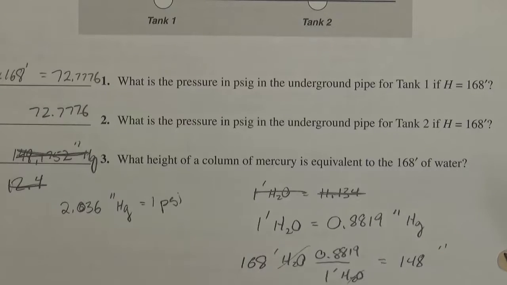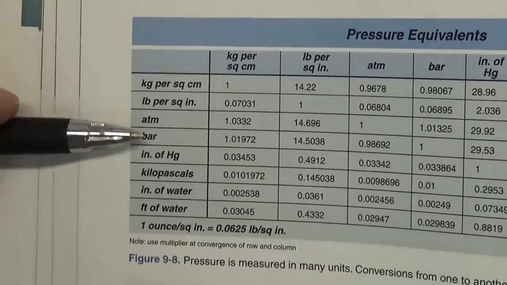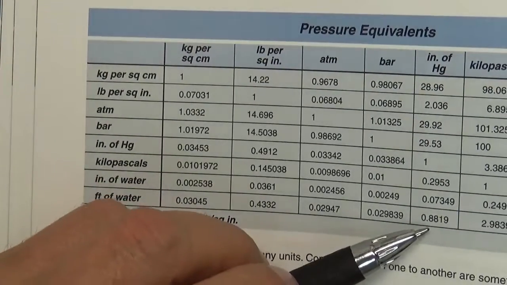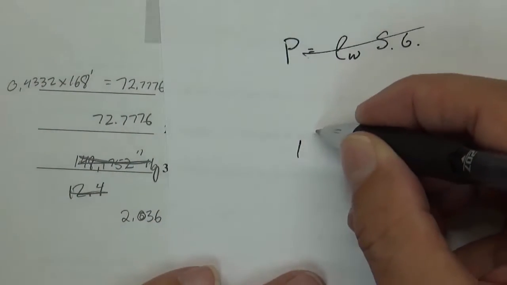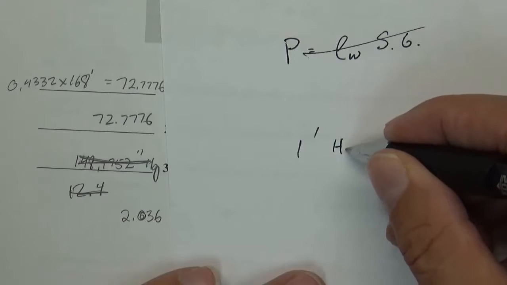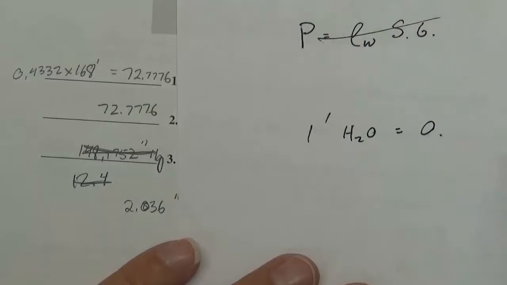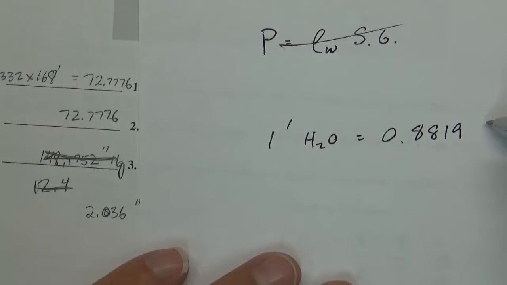Okay, question 3. What height of column of mercury is equivalent to 168 feet of water? We know 1 foot of water, how many inches of mercury is that? And there it is right here, 0.8819. 1 foot H2O equals 0.8819 inches mercury.